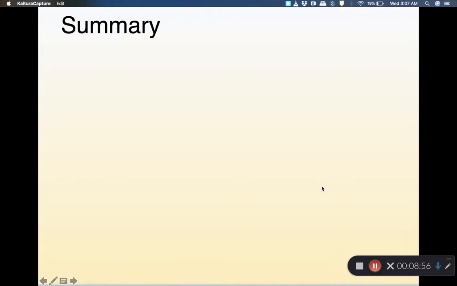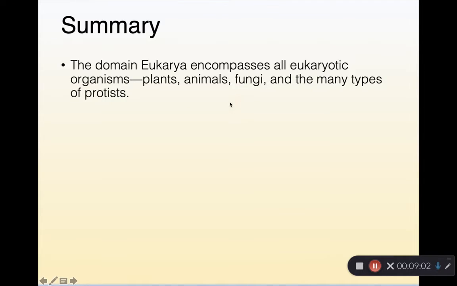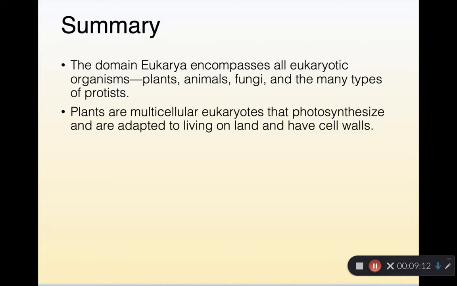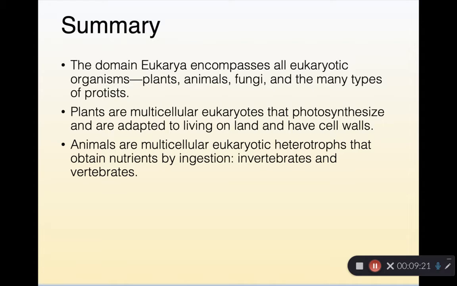So let's go through a summary of what we've covered in these modules. We know that the domain Eukarya comprises all eukaryotic organisms. It contains plants, animals, fungi, and many types of protists. We learned that plants are multicellular eukaryotes that photosynthesize, are adapted to living on land, and have cell walls.